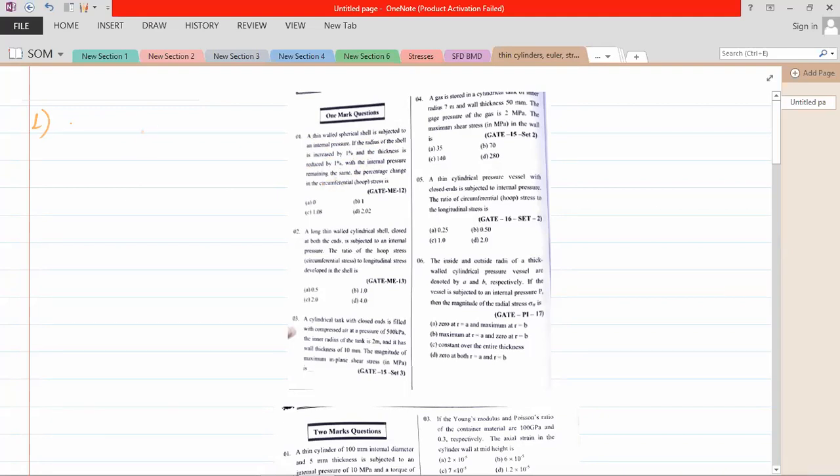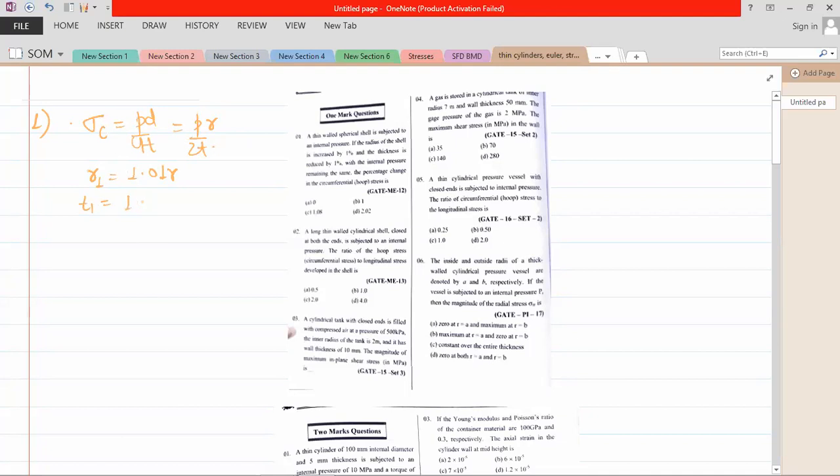First of all, for a sphere, the circumferential stress is PD by 4T. Now if we convert it in radius, it is PR upon 2T. So now your new R1 is 1.01 times R, and your T1 is reduced by 1%.